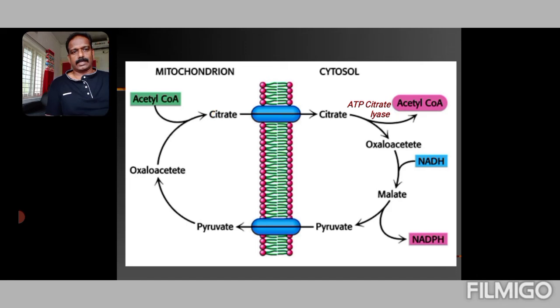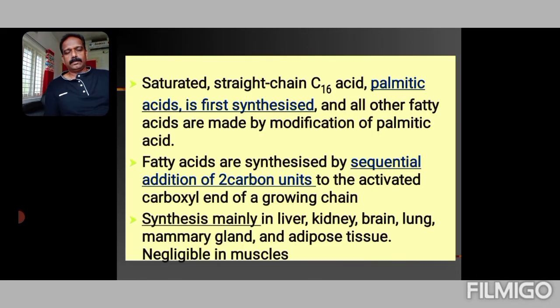Now, the product of fatty acid biosynthesis is the saturated straight chain 16-carbon palmitic acid, which is synthesized first, and all other fatty acids are produced by modification of palmitic acid.